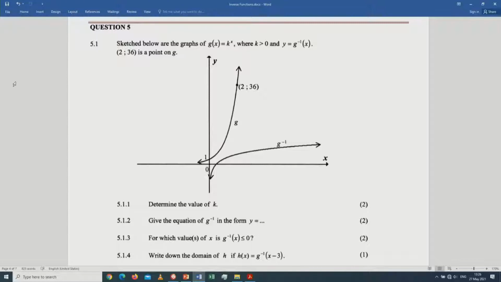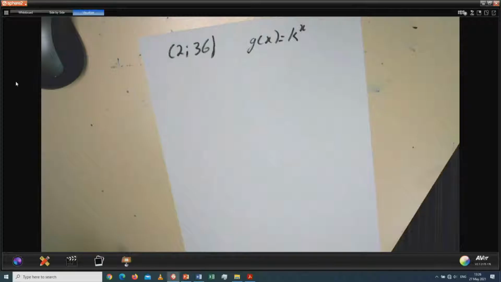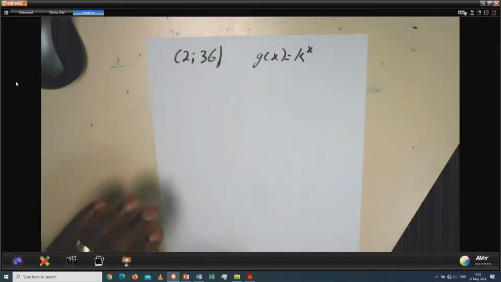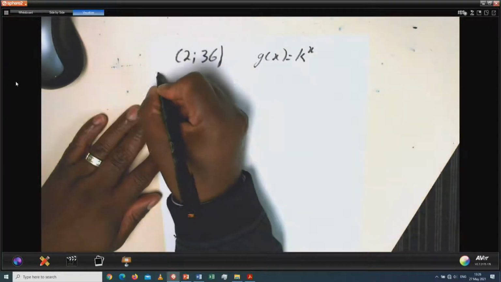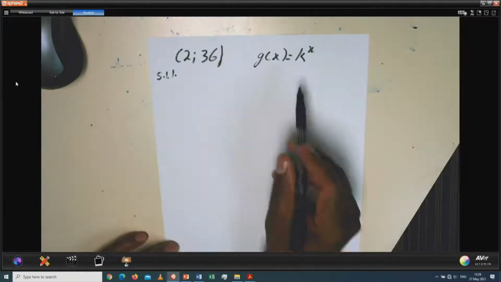Year in, year out, these are the basic questions that we should answer. Here is the point that is given. Remember, it was 5.1.1. The question wanted us to determine the value of k.